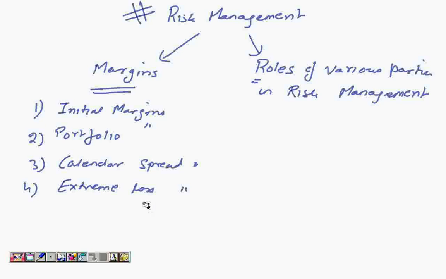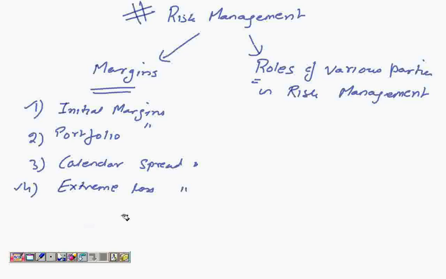Right? Please do remember that the initial margin and the extreme loss margin, which is the first and the fourth in our case, are maintained through the liquid net worth of a clearing member.